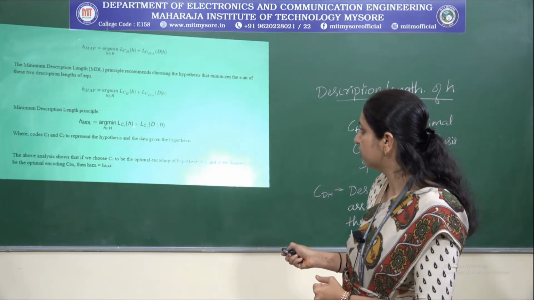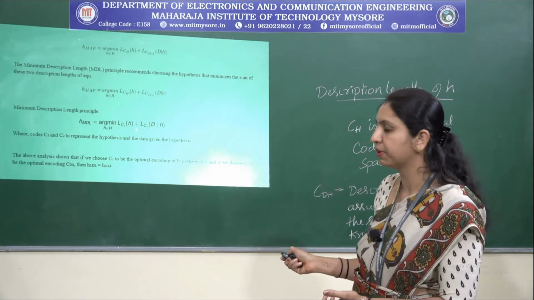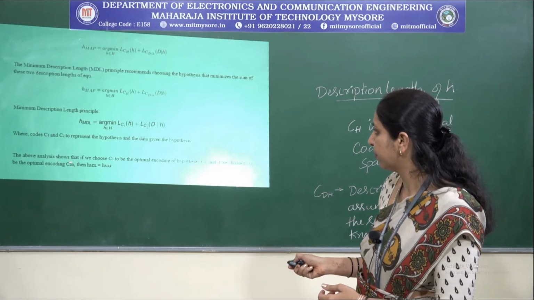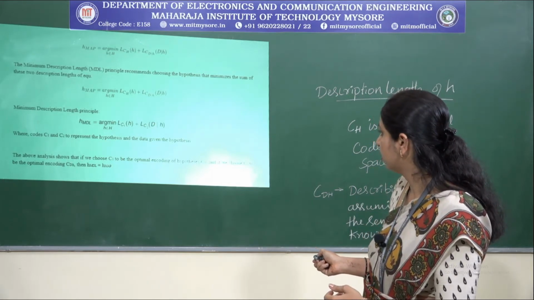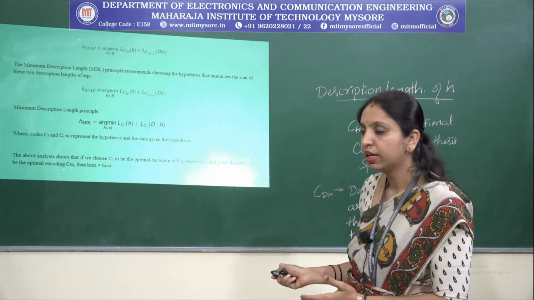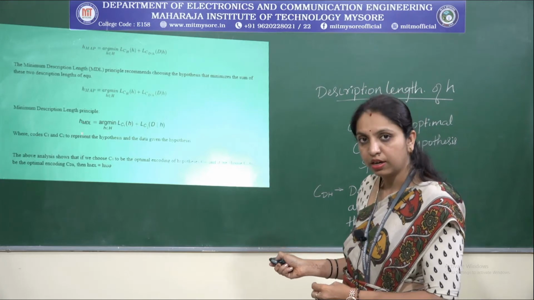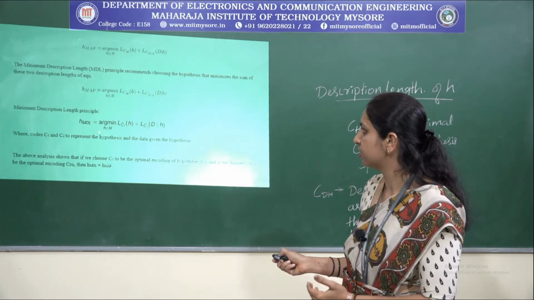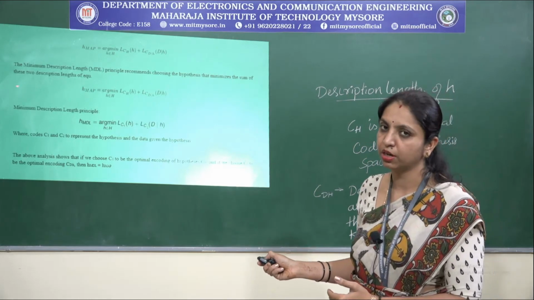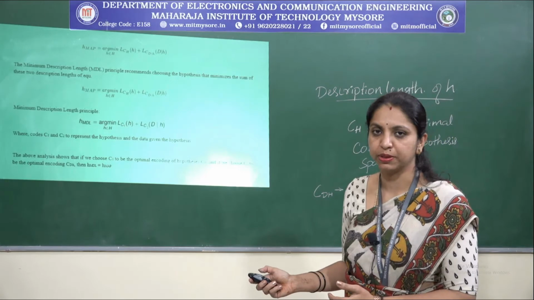Here if we consider C1 with respect to C_H and C2 with respect to C_{D|H}, finally we can equate the hypothesis based on minimum description length to the hypothesis based on maximum a posteriori probability. So, these are all about the minimum description length principle.